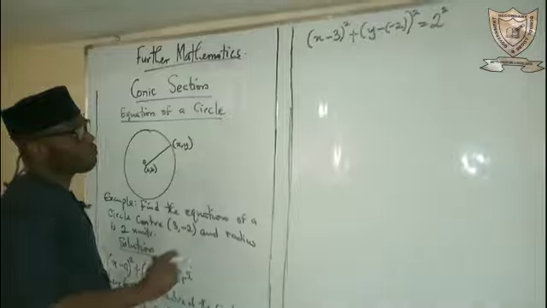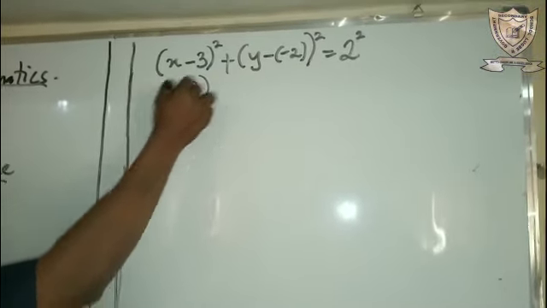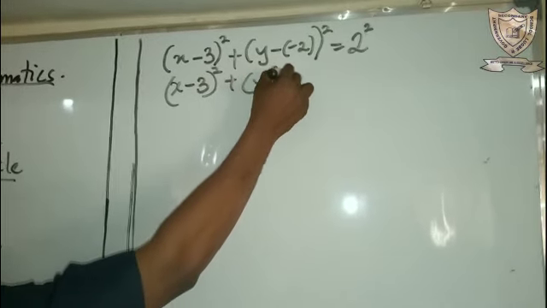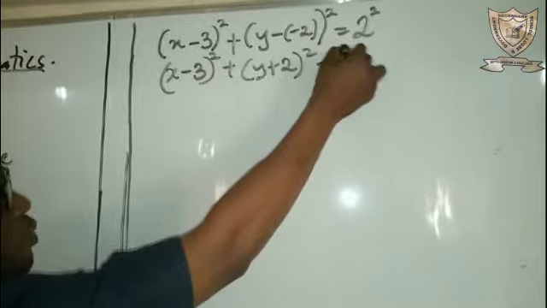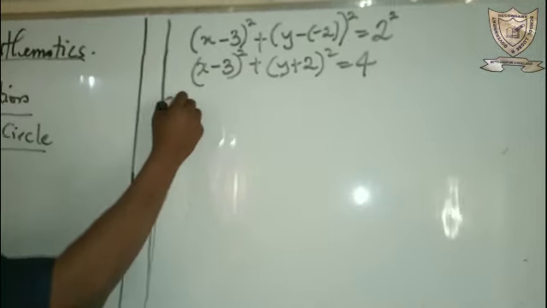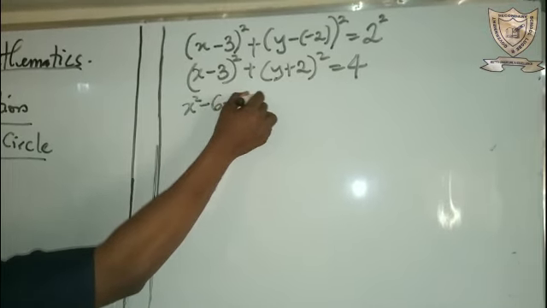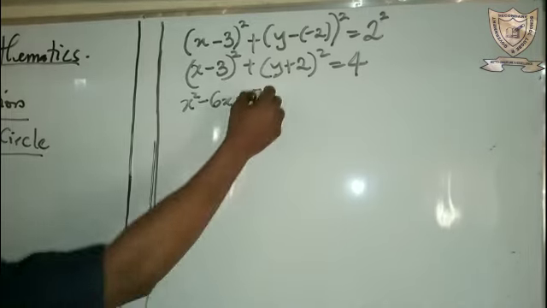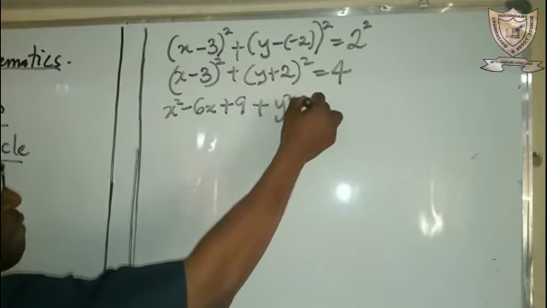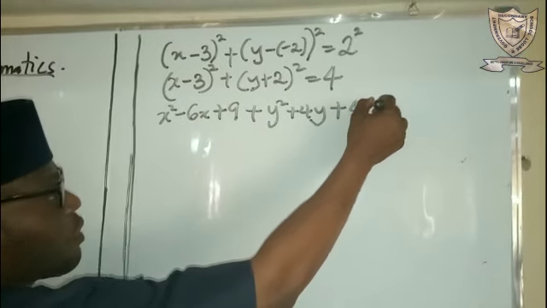So we're going to open up that bracket. We're going to have x squared minus 6x plus 9 plus y squared plus 4y plus 4 equals 4.